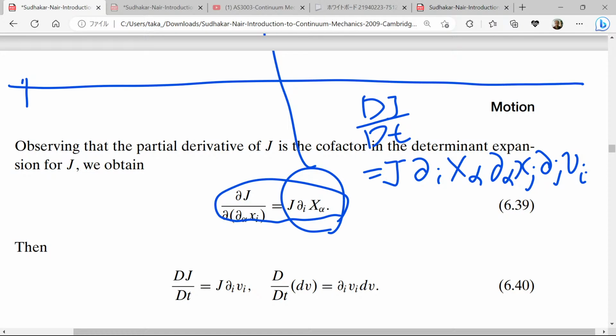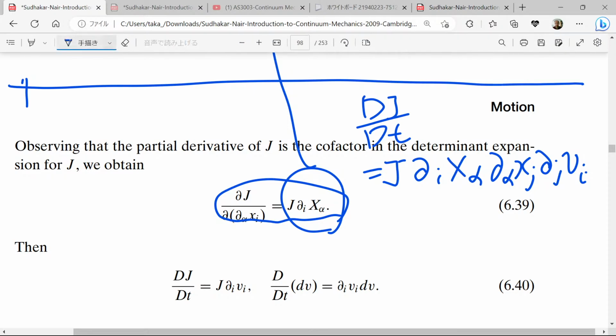This part, I think we can do, not this part.